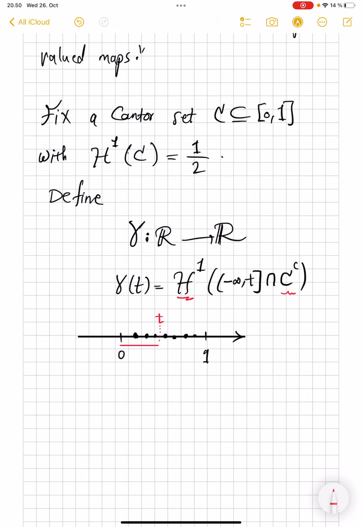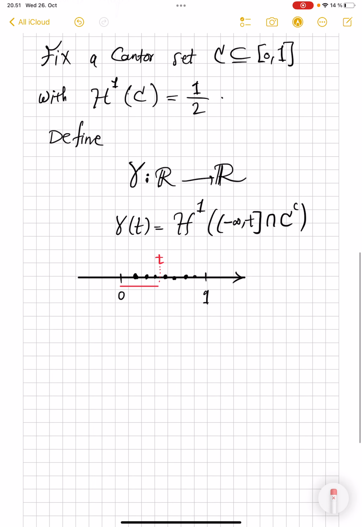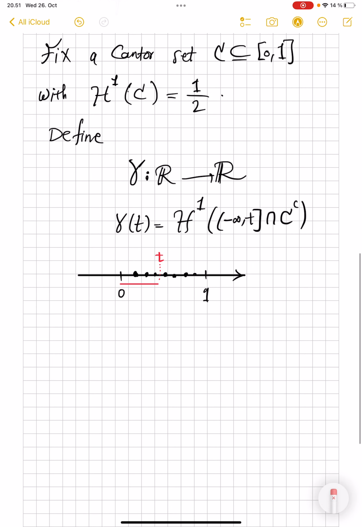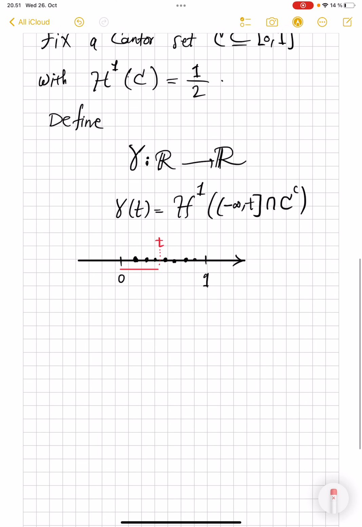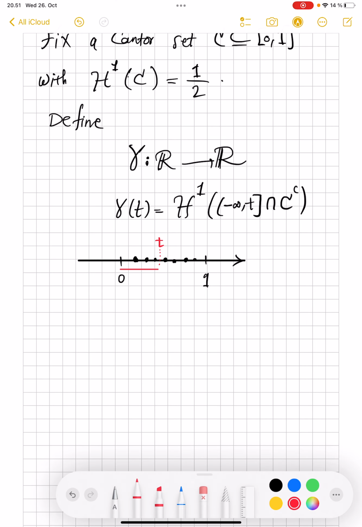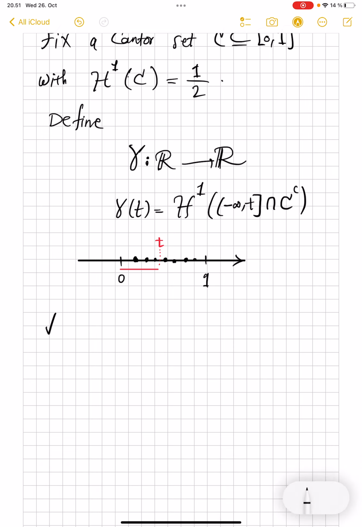And again, H1 is just the Lebesgue measure, by stuff that we have done on Hausdorff measures in my previous videos. This is not new. Okay, what can we say about this function, gamma? Gamma is increasing.